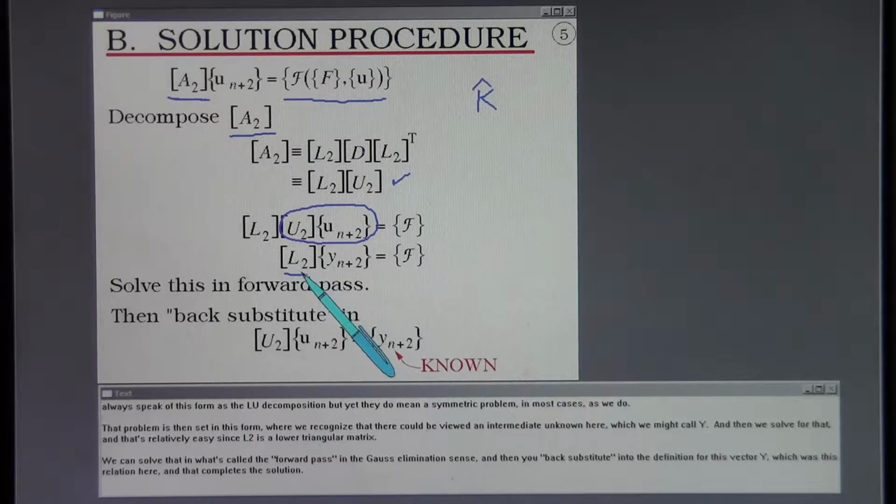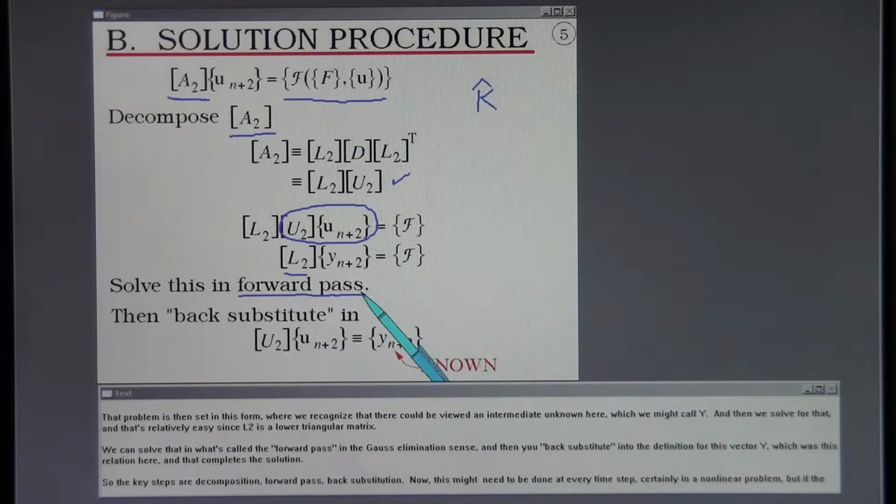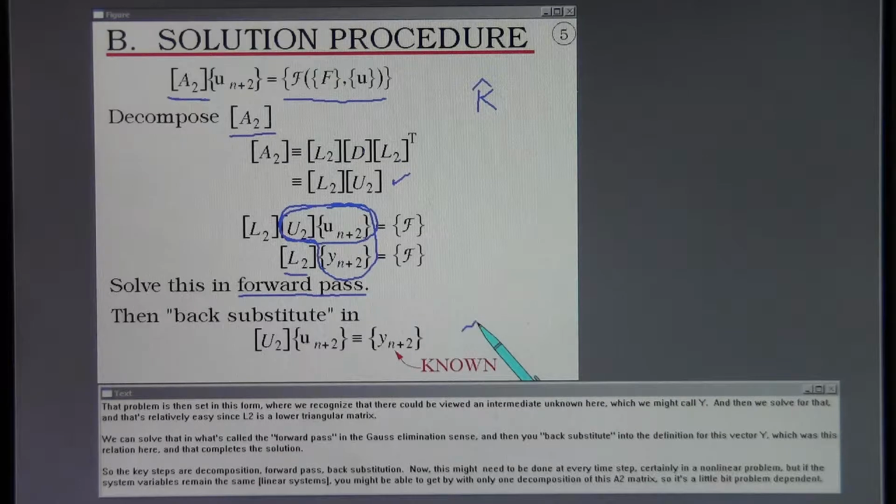We can solve that in what's called the forward pass in a Gauss elimination sense, and then you back substitute into the definition for this vector y, which was this relation here, and that completes the solution. So the key steps are decomposition, forward pass, back substitution.